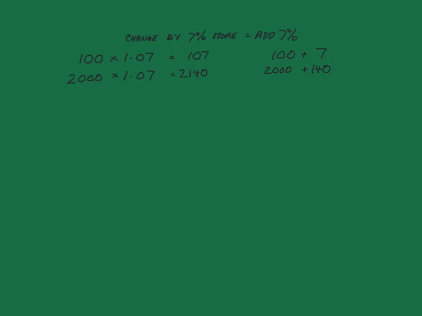Well, we first of all take the 2 and we multiply by 2, which gives us 2.14. And then we've got to multiply by the 3 zeros in 1,000, which means that we shift the decimal place and add a 0, and that gives us 2,140.